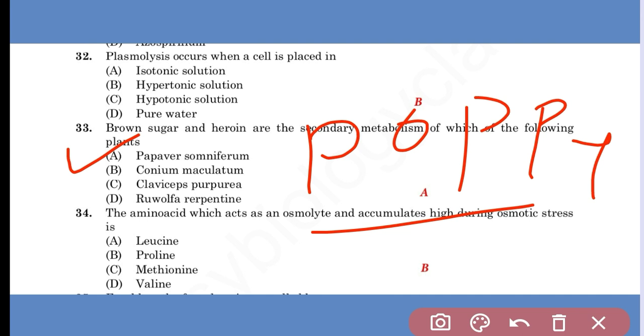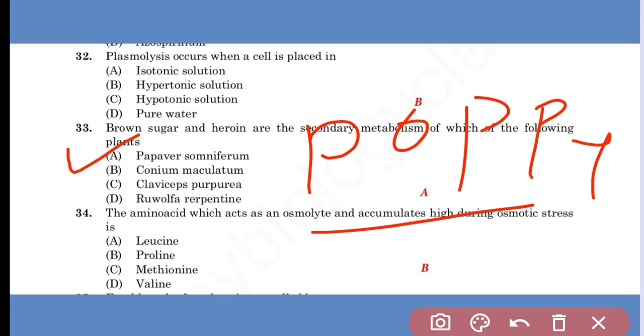Looking at the other options, Conium maculatum. Conium maculatum is known as hemlock. It is a biennial herbaceous flowering plant in the carrot family, Apiaceae. Extract of Conium maculatum is used as a traditional medicine for cervix carcinoma. Option C, Claviceps purpurea, is also known as ergot fungus.